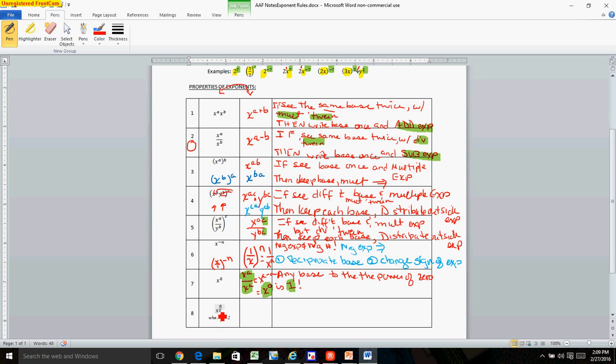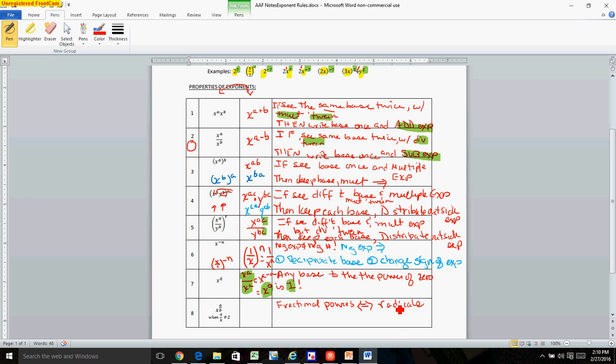Alright, lastly, x to a fractional power when that fractional power does not reduce to an integer. I mean, you can use it when the fractional power reduces to an integer, but it's just kind of silly. So, what do I do with a base that has a fractional power? Fractional powers are actually one and the same with radicals. Isn't that crazy?